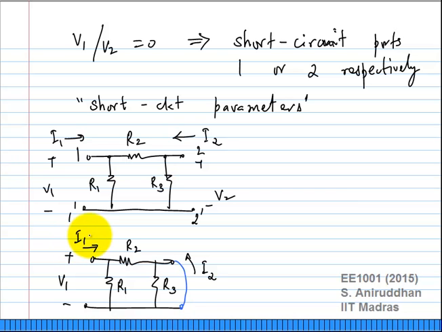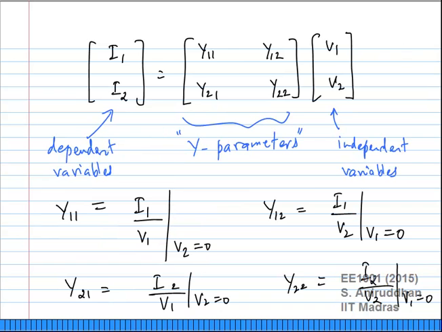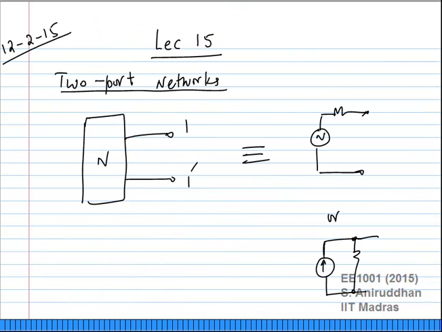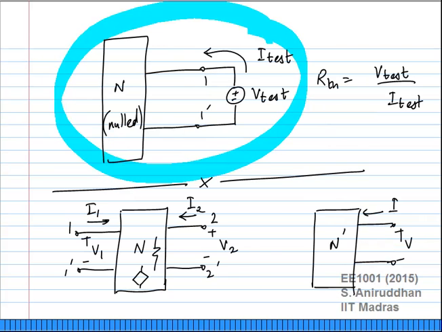Note very importantly, I1 and I2 are assumed to be entering the two-port network. That is the direction of representation. The actual current may be coming out, so you may get a negative or a positive number, but note the current directions.